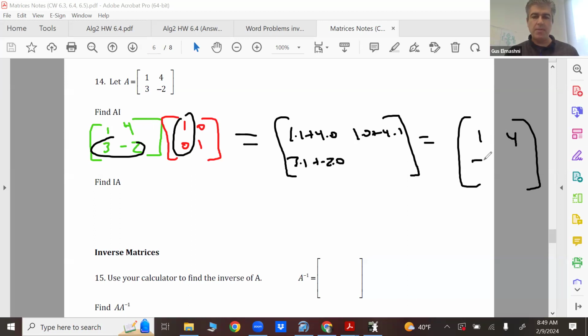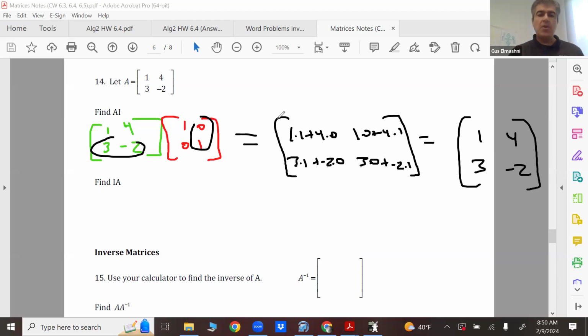What do you get? 3. Lastly, second row with the second column. 3 times 0 plus negative 2 times 1. You get negative 2.